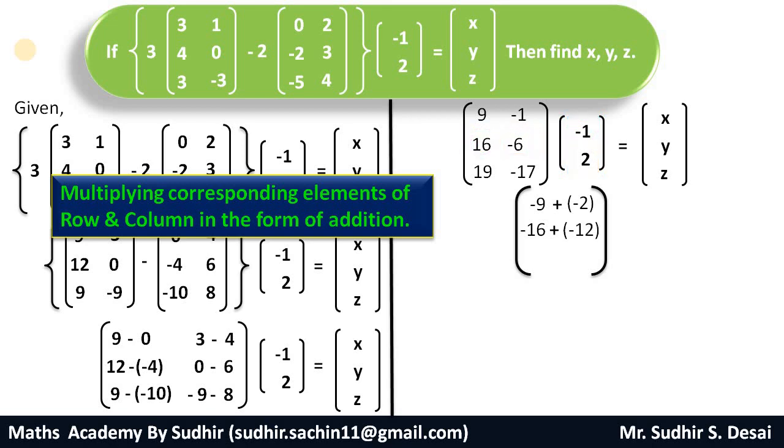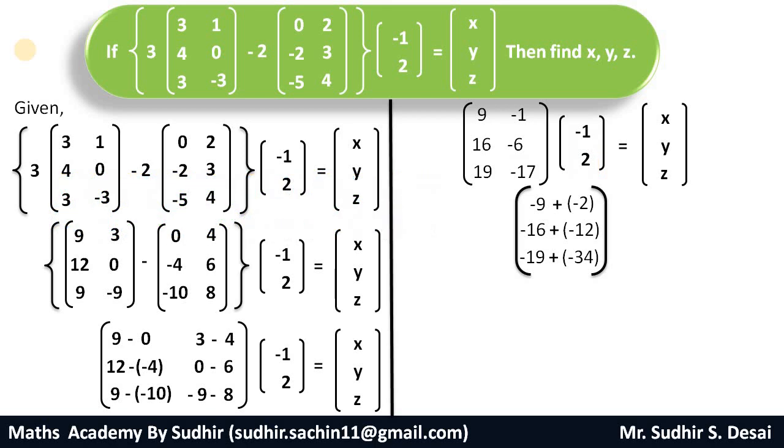Now no column for multiplication, so come to the third row, multiply it to first column. So 19 into minus 1, minus 19, plus second element minus 17 into 2, minus 34. So this is the multiplication of the two matrices, equal to the matrix X, Y, Z.